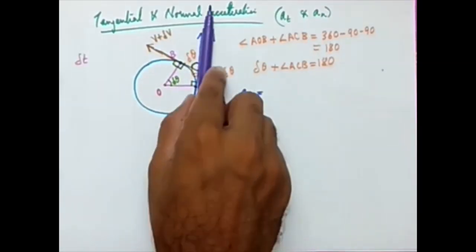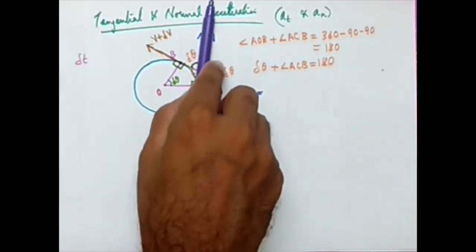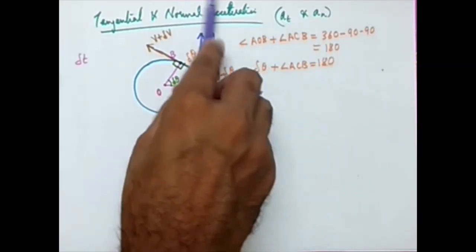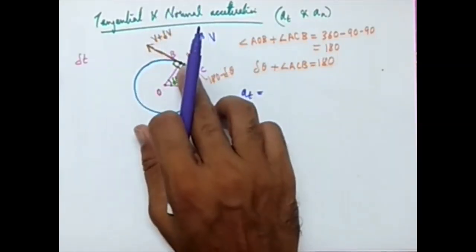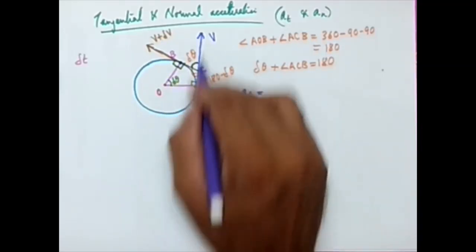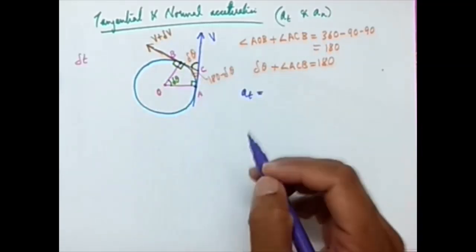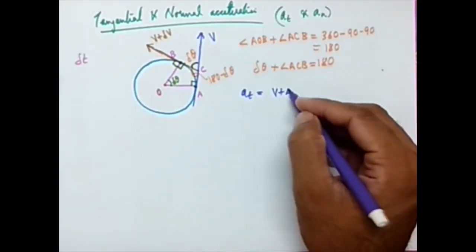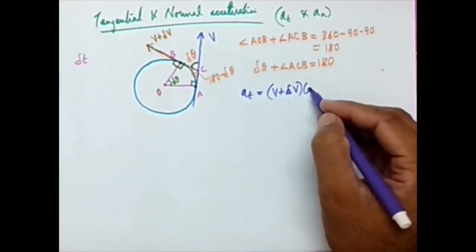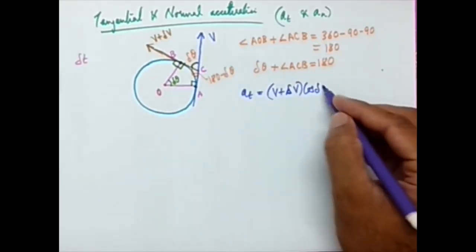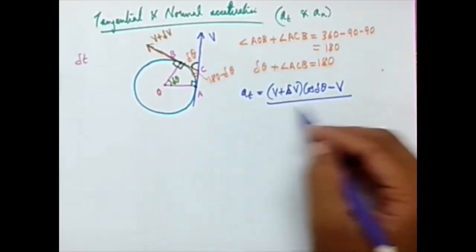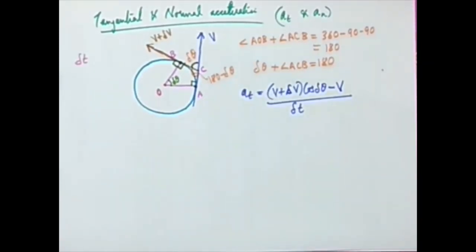If I am taking the component in this tangential direction, this is v plus delta v times cos delta theta. The cos component will give me the velocity in this direction. So it's going to be v plus delta v, the final velocity in the tangential direction, cos delta theta, minus the initial velocity v, divided by delta t.